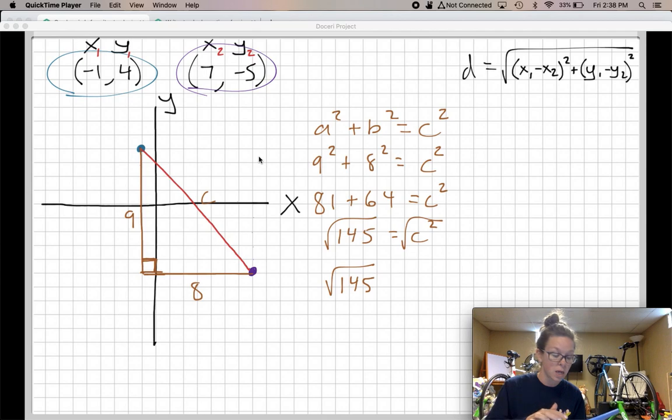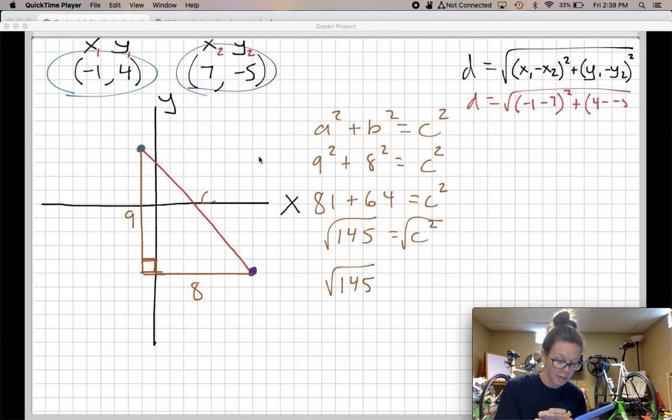Then I can go and plug in those numbers. So then x1 is -1 minus x2 is 7. And y1 is 4 minus y2 is -5.